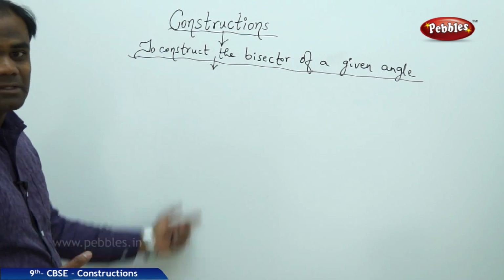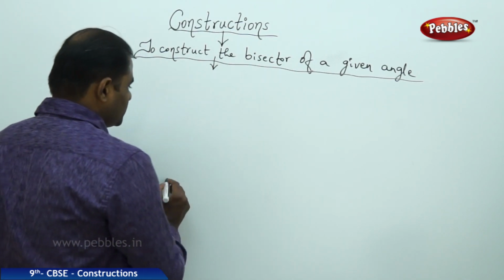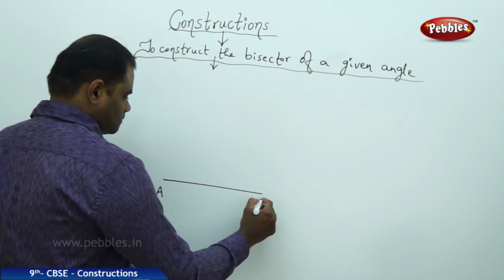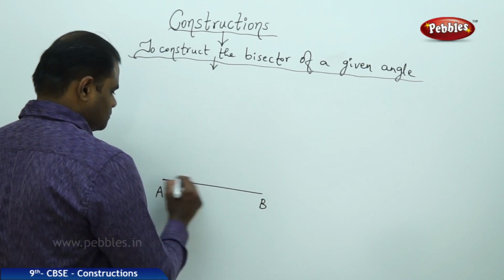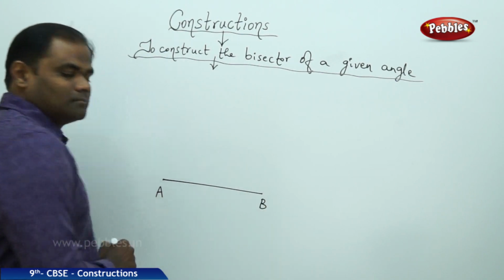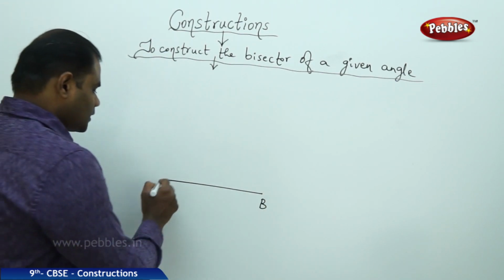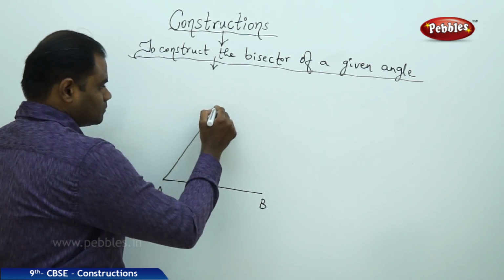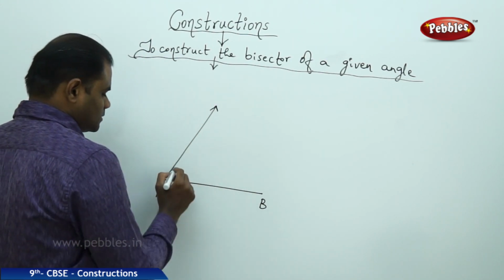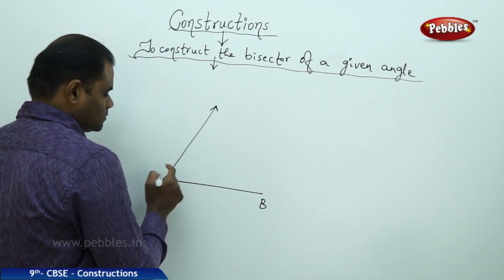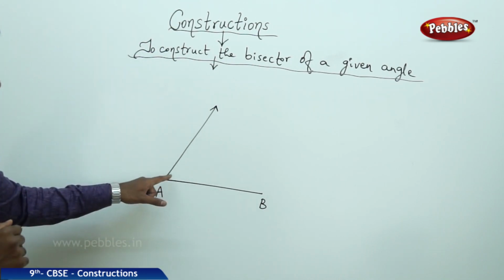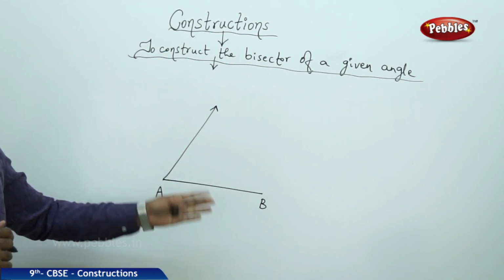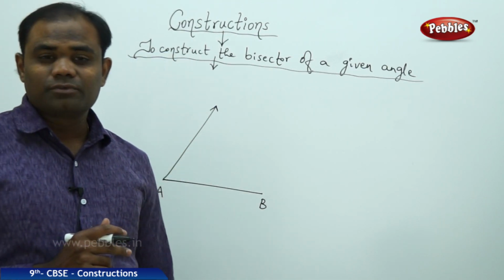So let me take the angle out here. Here is the line segment AB, and here I have an angle made by this. Now this angle I would like to bisect, or exactly cut, with equal parts on either side. How do we do that?